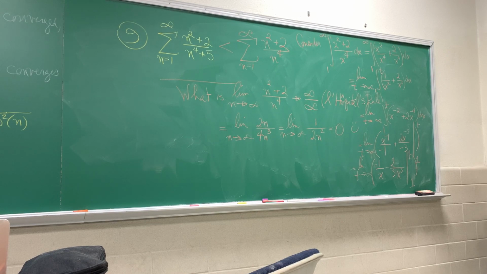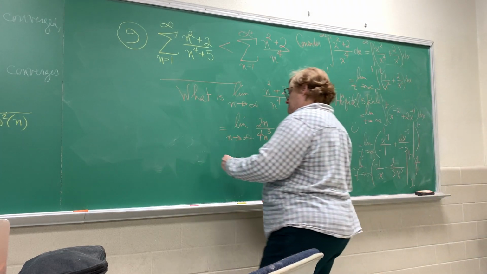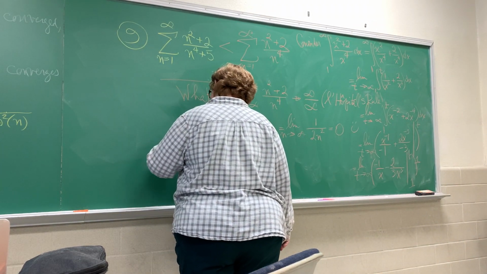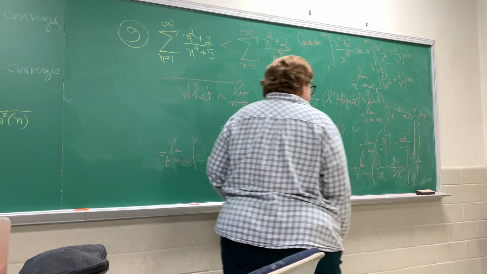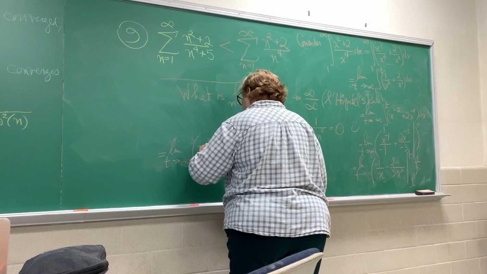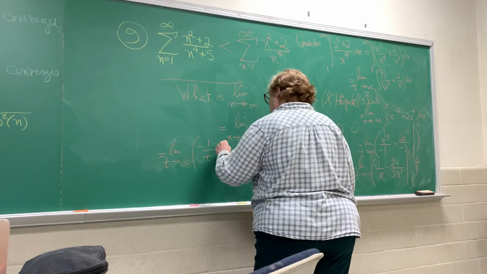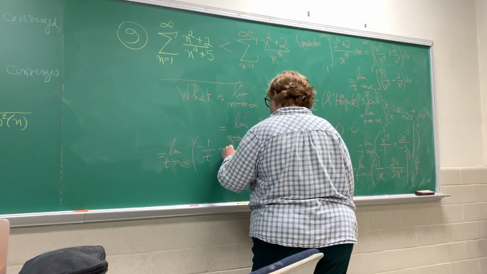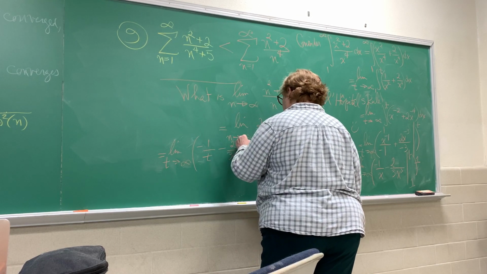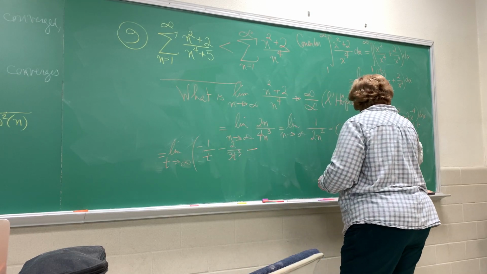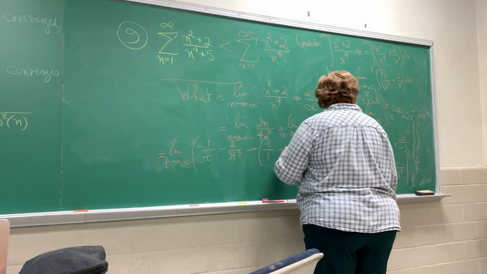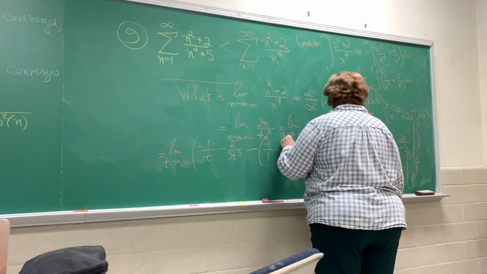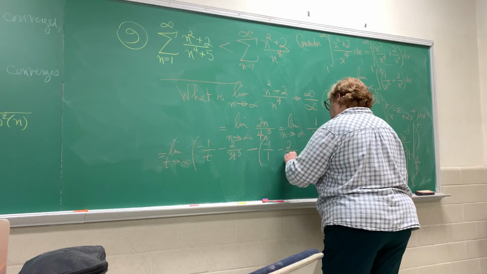All right. Now it makes sense to put in our limits of integration. So we've got -1 over t minus 2 over 3t cubed minus -1 over 1 minus 2 over 3 times 1.